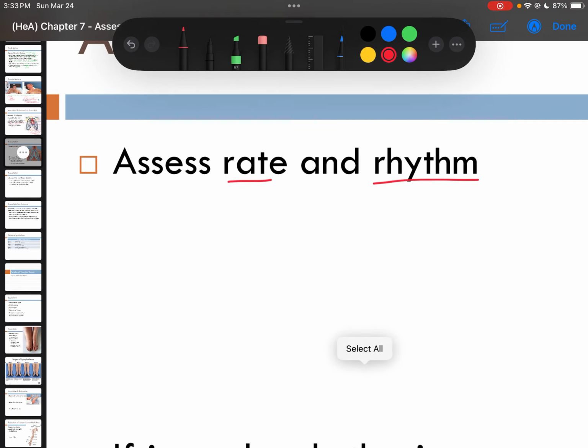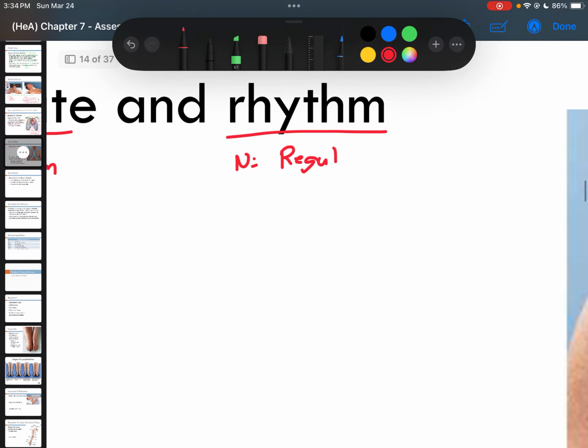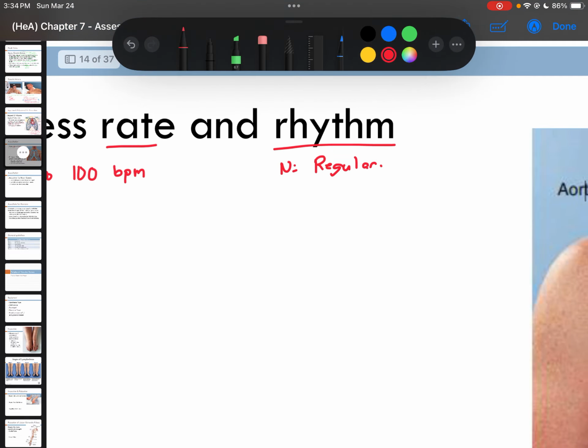We already know this. Normally, it is 60 to 100 beats per minute. Whereas the rhythm, class, normally it should be regular. When we say regular, it should be like lub-dub. Consistent.